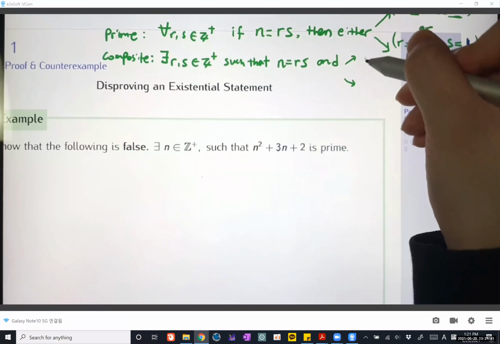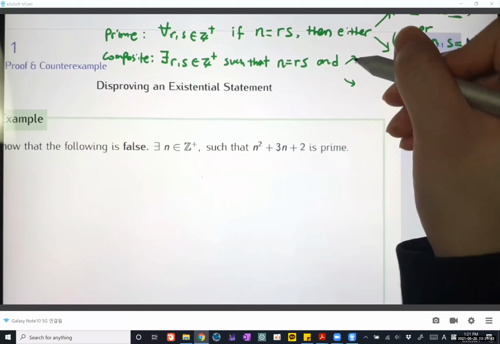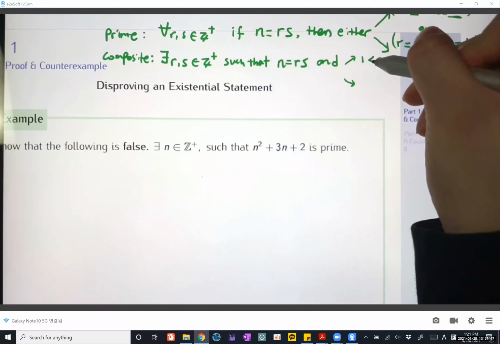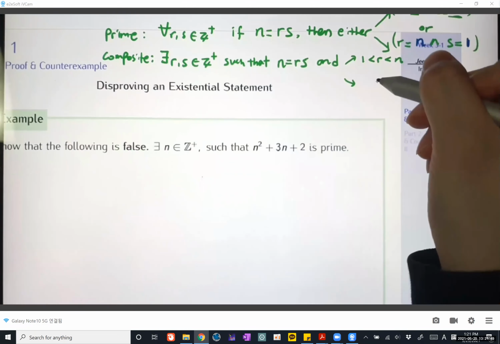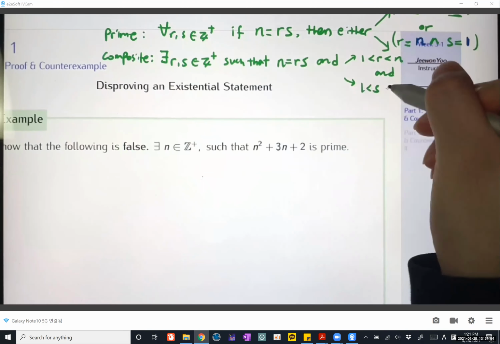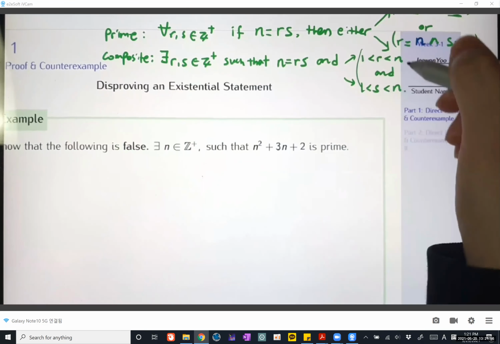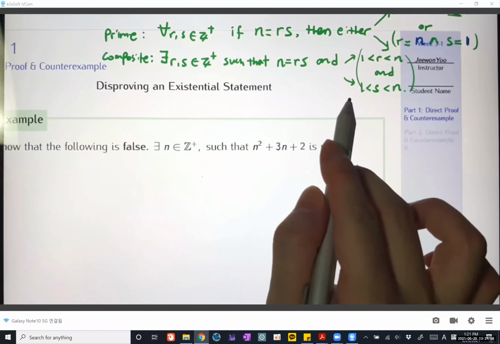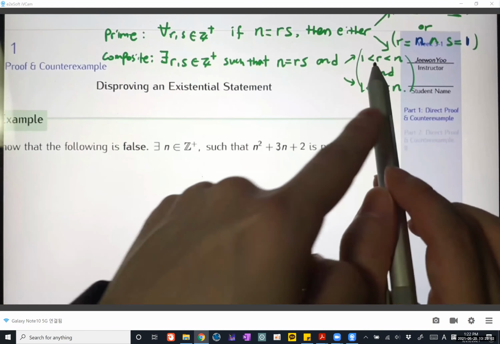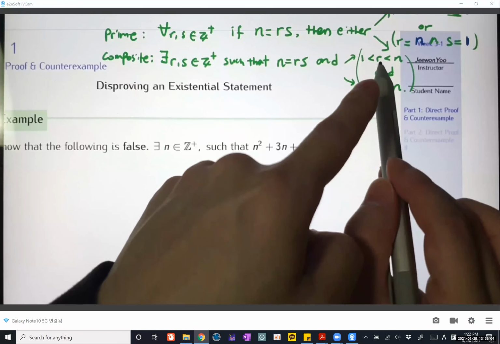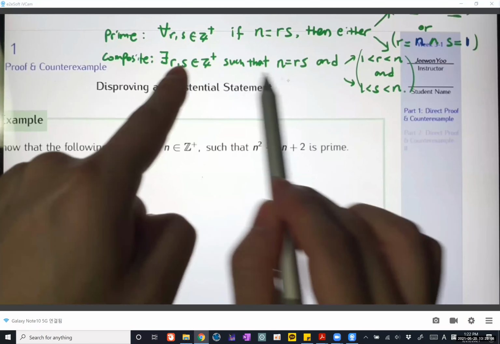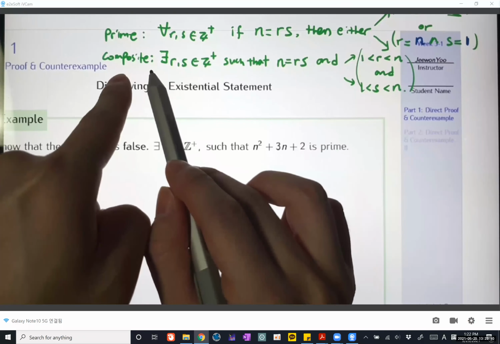Actually, not two cases. You have to have this case: r is greater than 1, less than n, and s is greater than 1, less than n. So this is the definition of a composite number. Long story short, everyone, as soon as you have this kind of condition, right away that number is called a composite number.